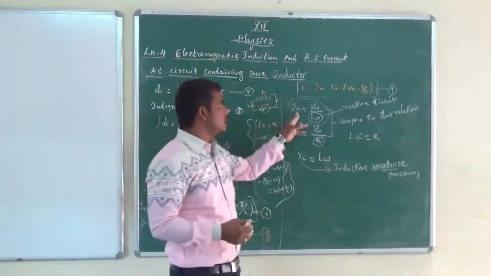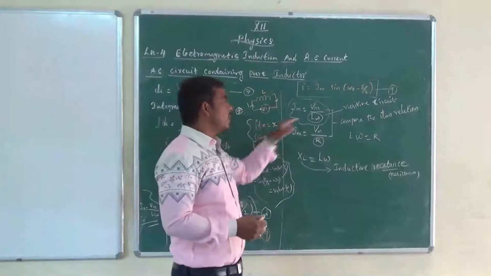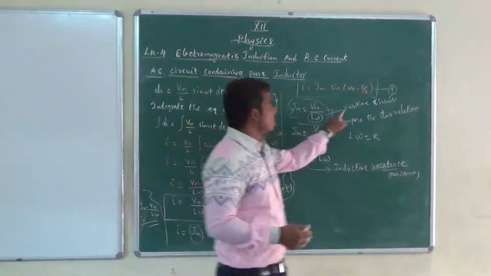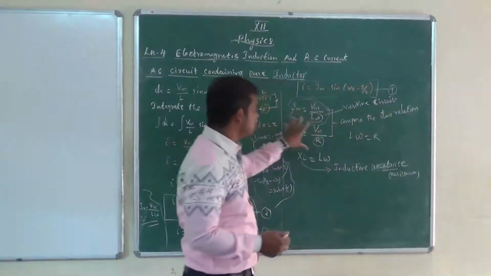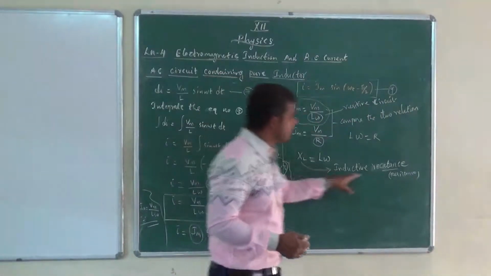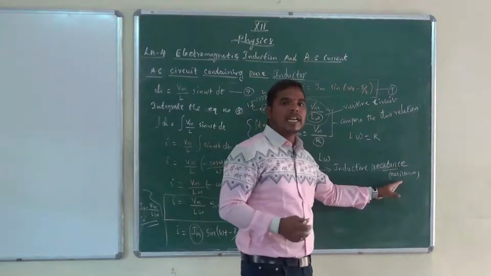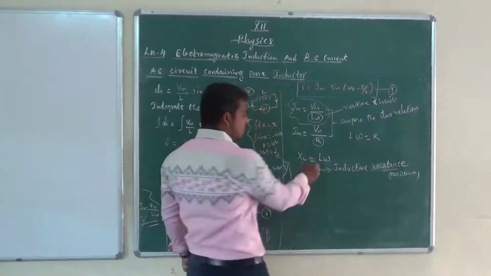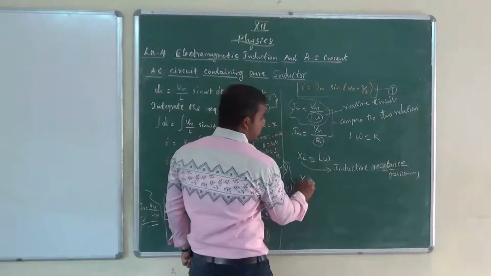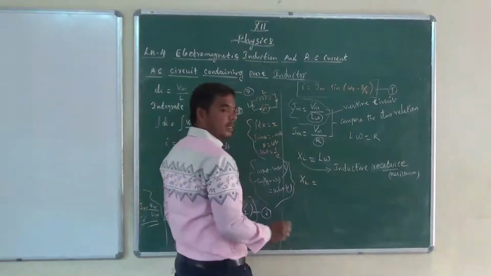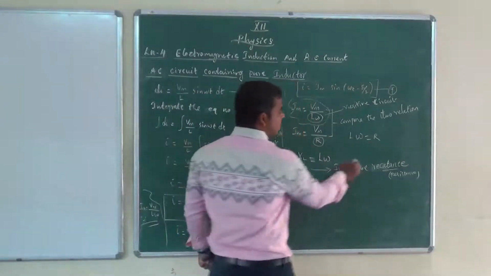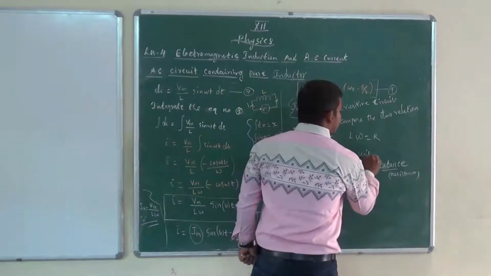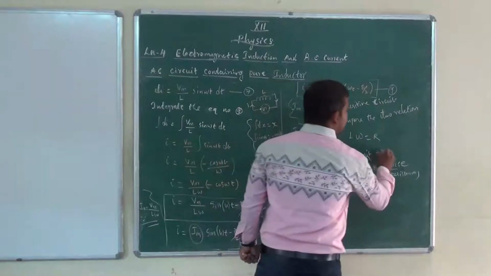We can find that resistance using this equation, from the inductor and the angular velocity. So this resistive circuit offers the inductive reactance. One more question: the unit of inductive reactance is nothing but ohm.